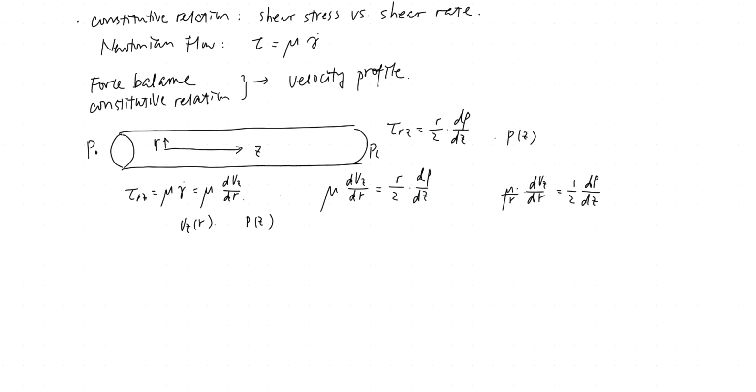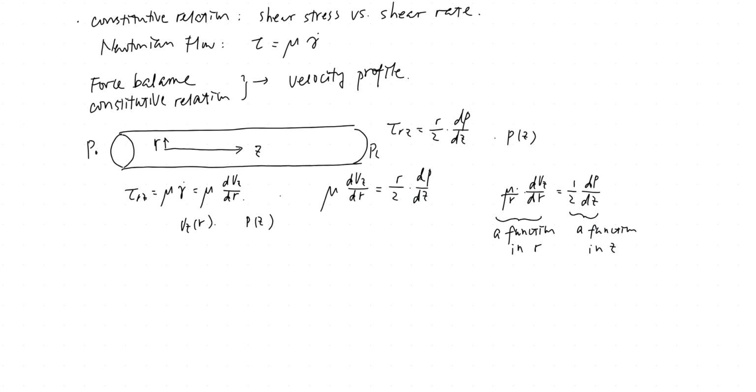Now you can look at this equation: the left-hand side is a function of r, and the right-hand side is a function of z. r and z are the coordinates along two different directions. You cannot have two functions which vary over r and z and make them equal.